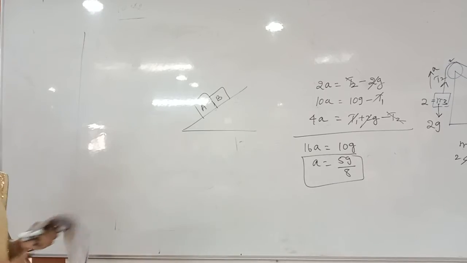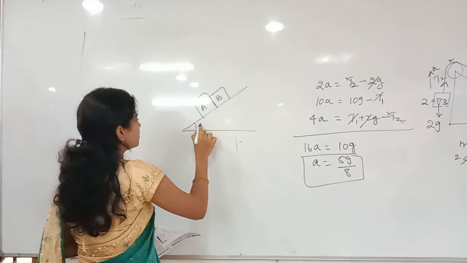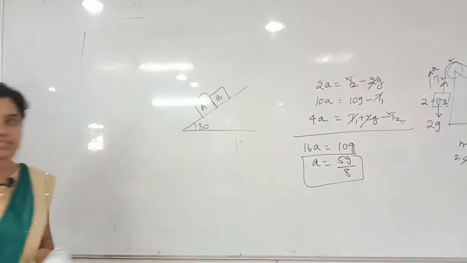Assume g is equal to 10 meter per second square.